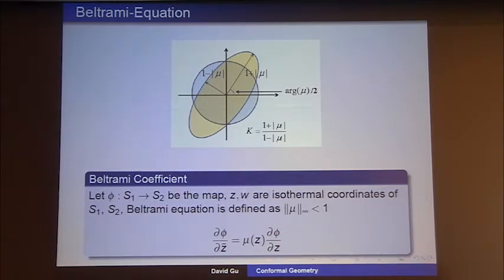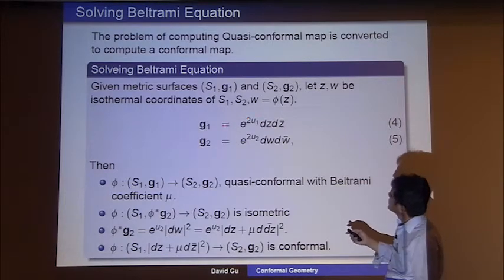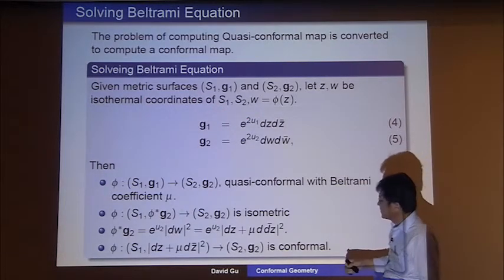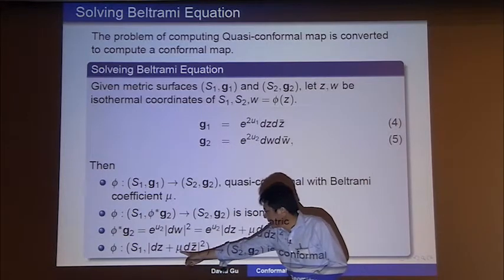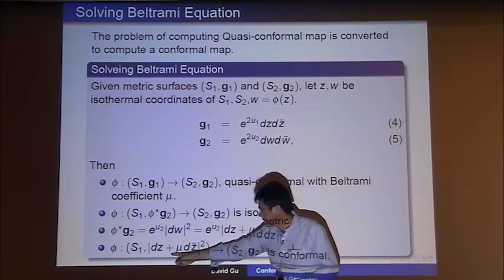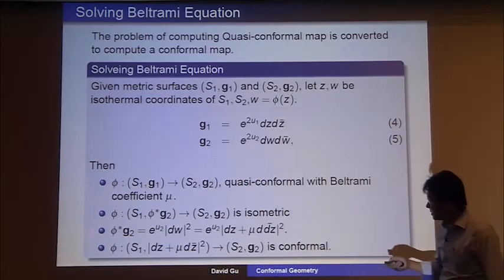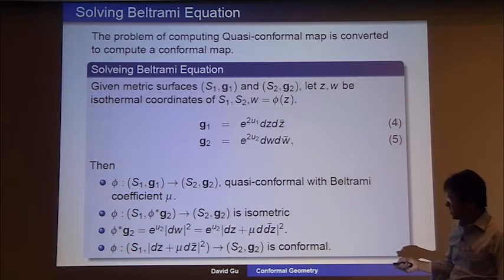The trick is that we construct a new Riemann metric. Here we show the trick. Basically, if we know the Beltrami coefficient mu, then we construct a new Riemann metric, |dz + mu dz bar|. This is a new Riemann metric. Then consider the same map phi under this new metric.